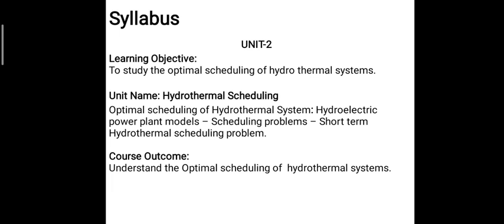Now coming to the short term hydrothermal scheduling problem, here we have to learn the constant hydro generation method, constant thermal generation method, maximum hydro efficiency method, and Kirchmeyer's method. So in the short term, we define four methods: the constant hydro generation method, the constant thermal generation method, the maximum hydro efficiency method, and the mathematical analysis of Kirchmeyer's method.